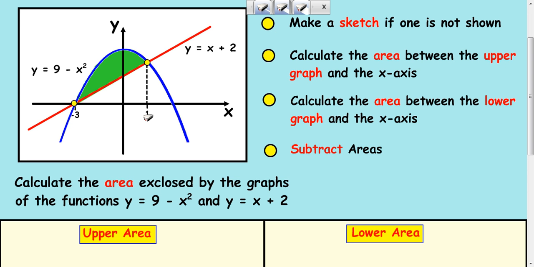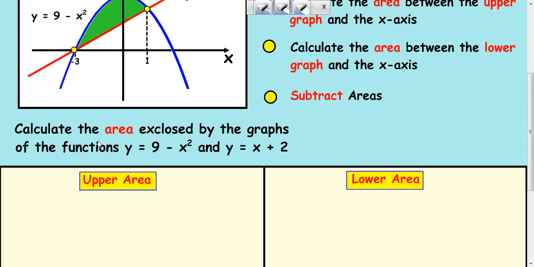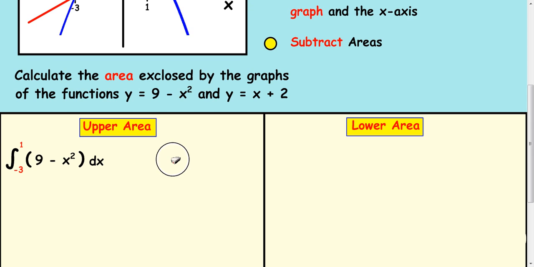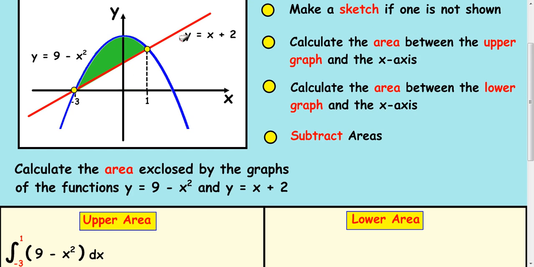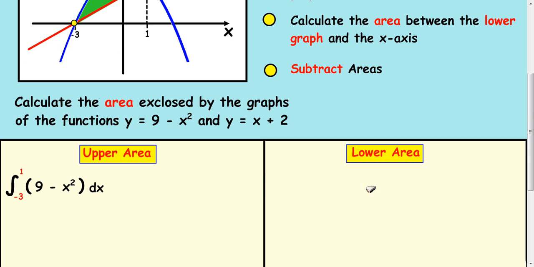So the upper limit's 1, the lower limit's -3. The lower area is the straight line, and again upper limit is 1 and lower limit's -3. If we can do this accurately and correctly and then do the takeaway, then we've got our answer.